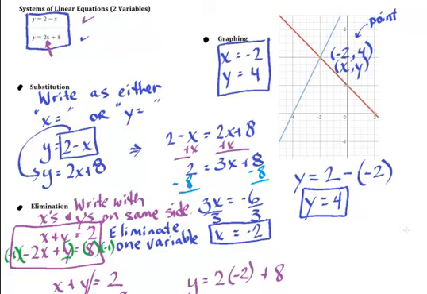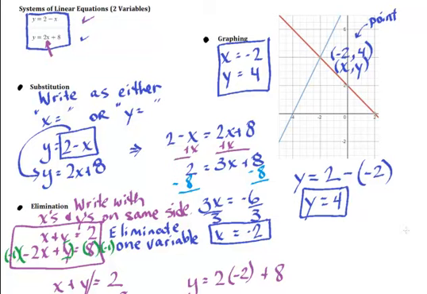So we've got to make this first one, 2x minus y equals 2, look like y equals. So I'm going to move the 2x, which means I would subtract it from both sides. And I'll end up with -y, watch that negative, equals 2 minus 2x.